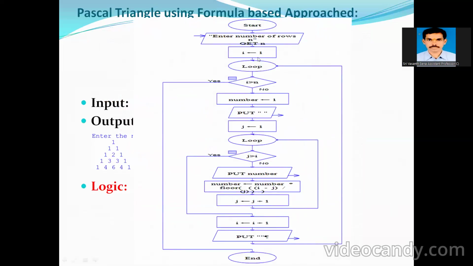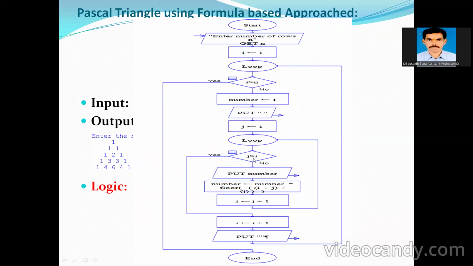First I read the n value, then I use the variable i, initialized to 1. This is the outer for loop which represents the rows, with the condition i greater than n. Then I take a variable number initialized to 1, and put some space. Next is the inner for loop, where j is initialized to 1 and the condition is j greater than i.